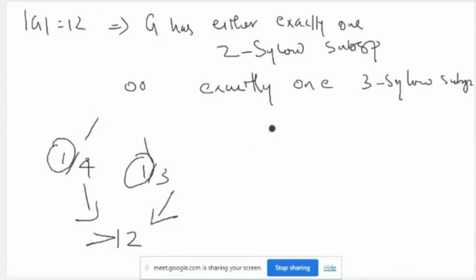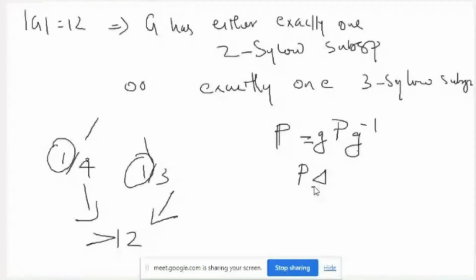If there is only one Sylow p-subgroup, by the second isomorphism theorem, the conjugate of that group must be itself. That means it is a normal subgroup in the group. For each g in G, you form the conjugate gPg inverse.